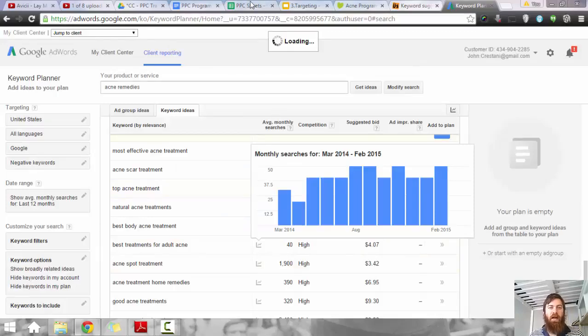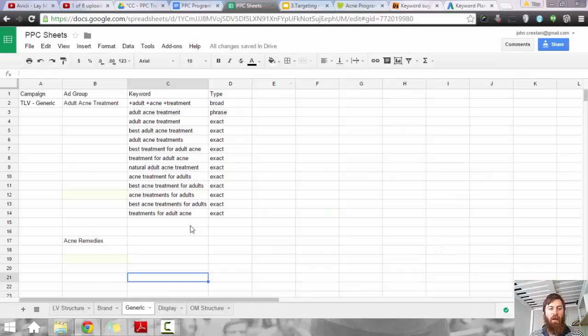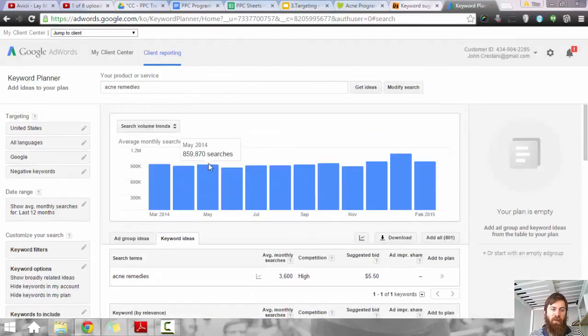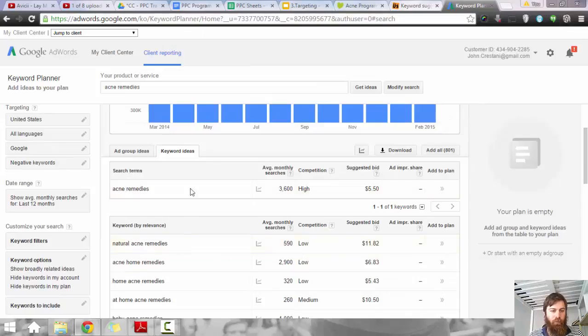I'm going to do this a couple times because I hope this isn't too much, but this is the core of what AdWords is. You can also put acne remedy. So there are a lot of ways we can branch out from here.